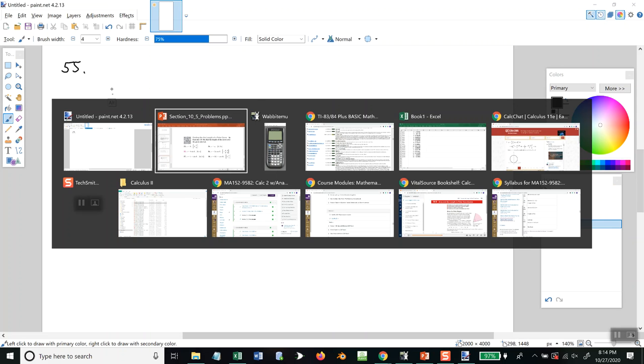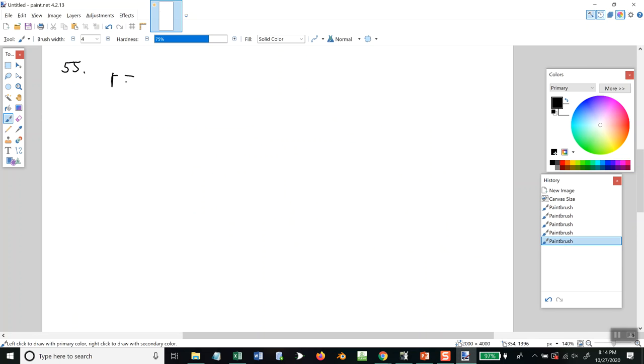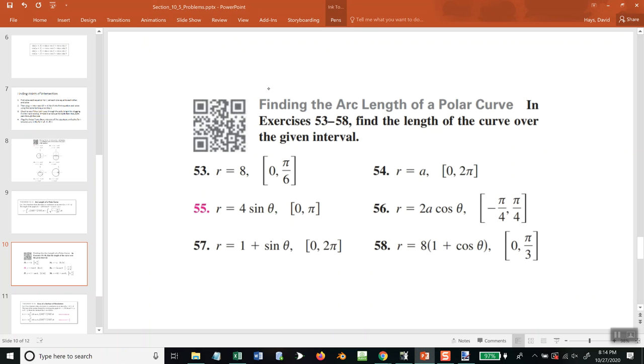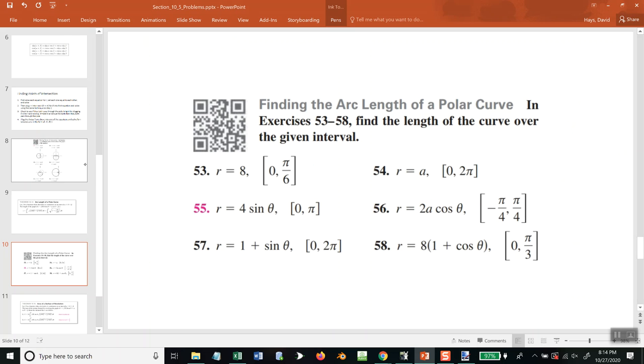Easy problems. You might actually want these on a test. No, no, this is arc length.